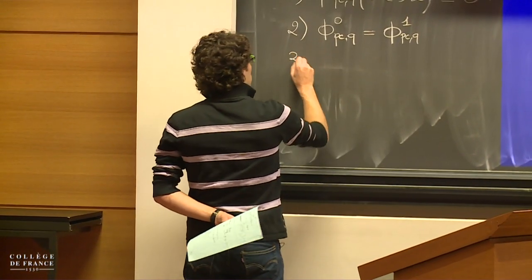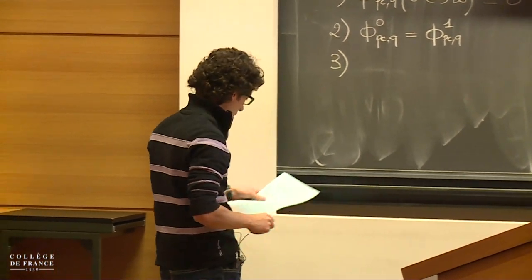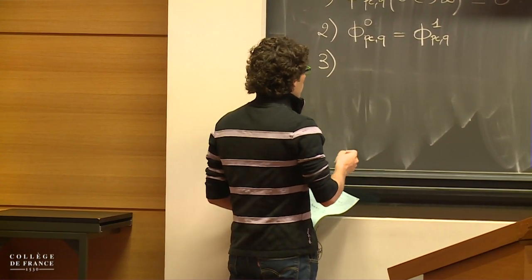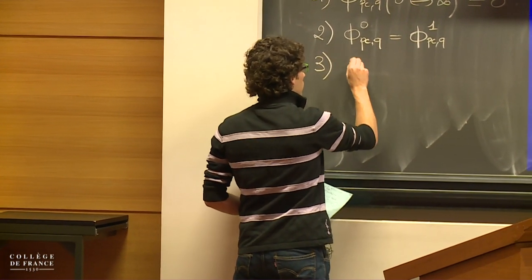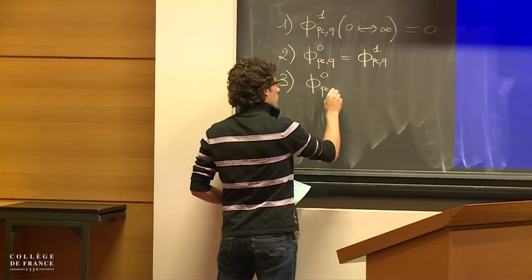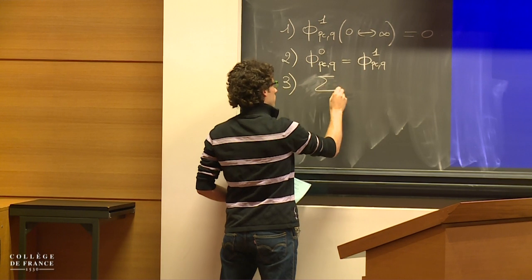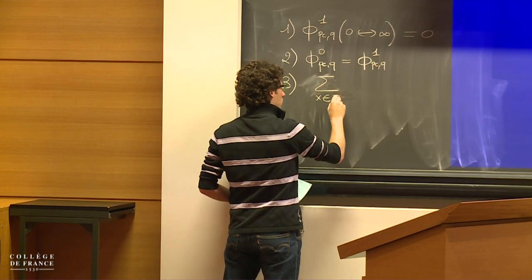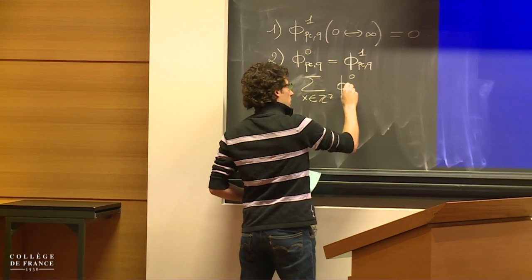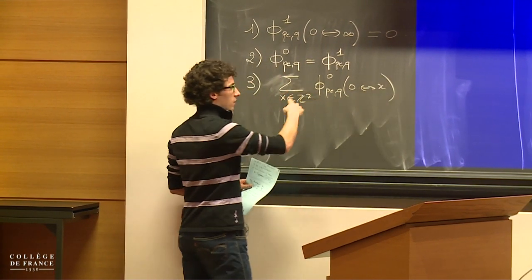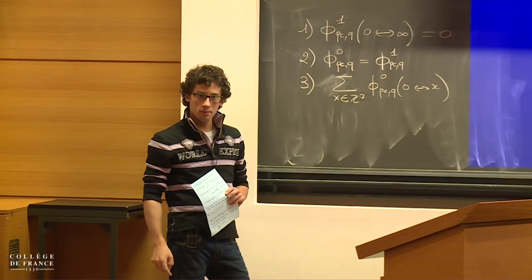There is a third definition, which is that the expected size of the cluster of 0. If you think about it, this is exactly the expected size of the cluster at 0.